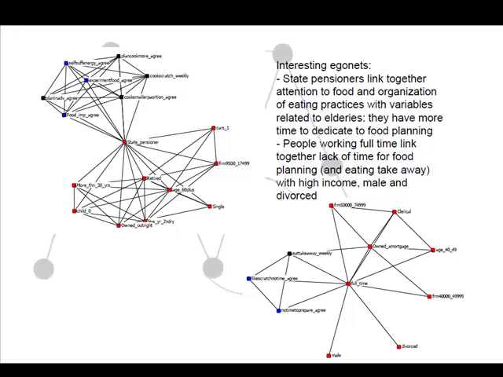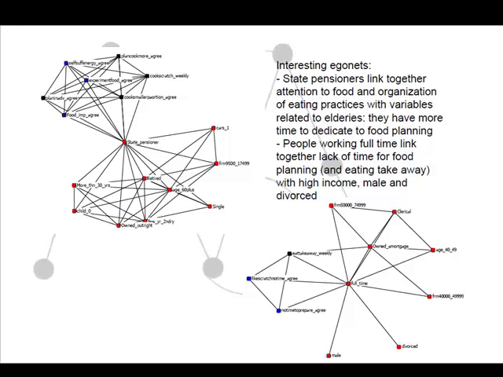You cook from scratch, you plan to cook more, you like to experiment with food, you like to be self-sufficient in terms of energy, you think food is important. So the idea is that older people have more time to dedicate to food planning.